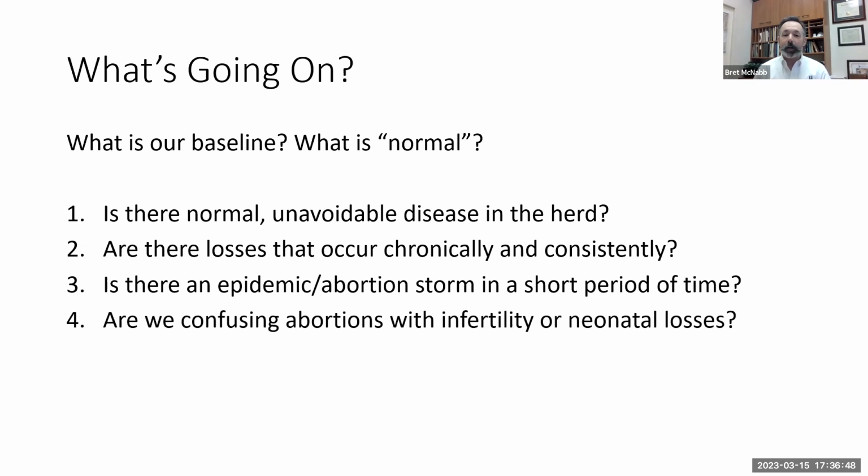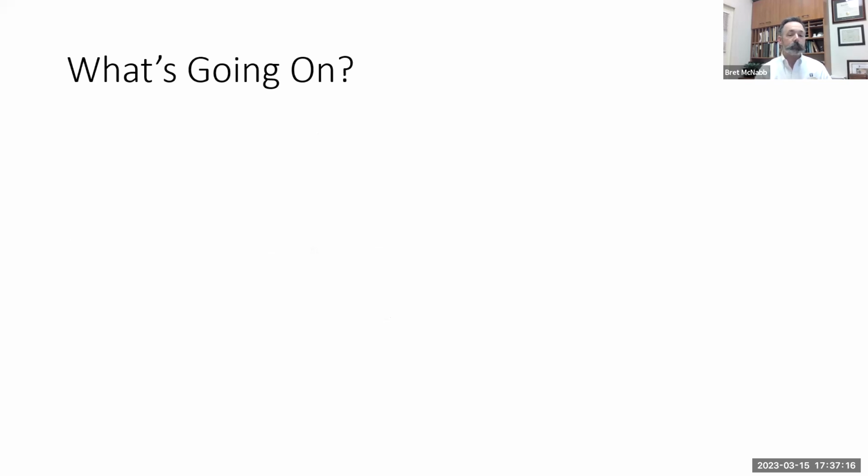And the other thing to keep in the back of your mind is, are we really seeing abortions? Or are we confusing abortions with an infertility problem where cows and heifers just aren't getting pregnant in the first place? Or are we confusing it with neonatal losses? So we're having cows and heifers go all the way to term, calve, but then we're having calf deaths very soon after they're born.